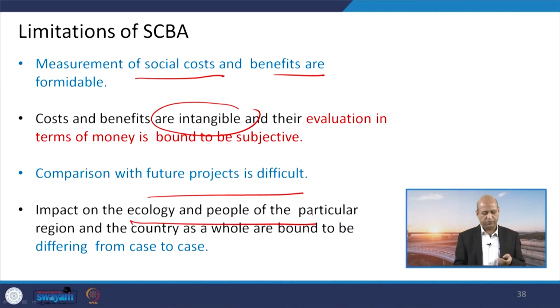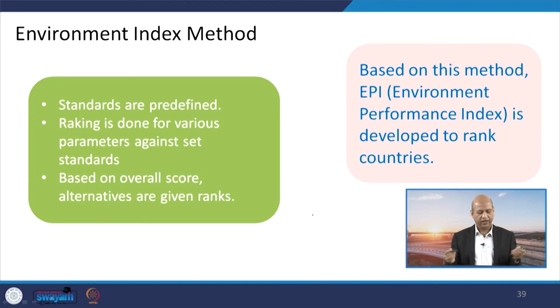Impacts on the ecology and people for a particular region and country as a whole are bound to differ from case to case. As I said, different socio-economic groups have different value systems, and it is not necessary that they will agree on a particular monetary value assigned to a particular activity.